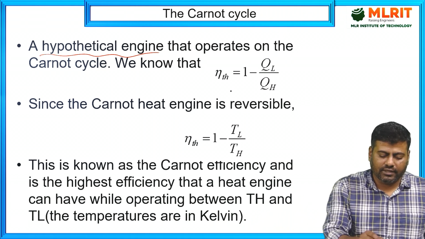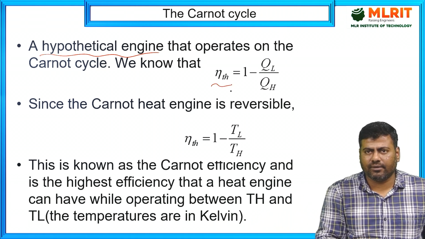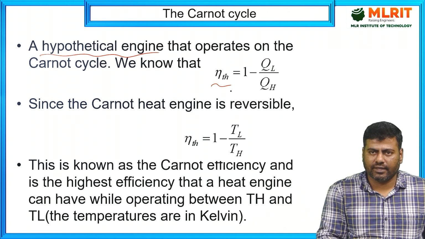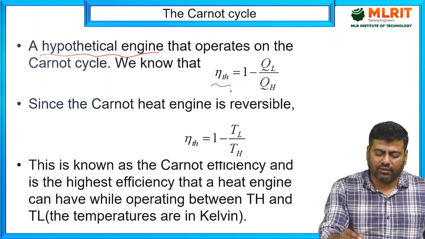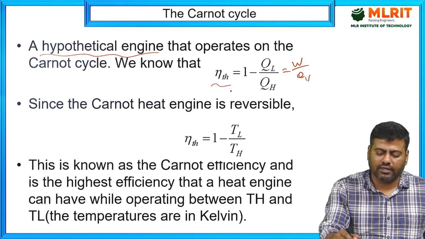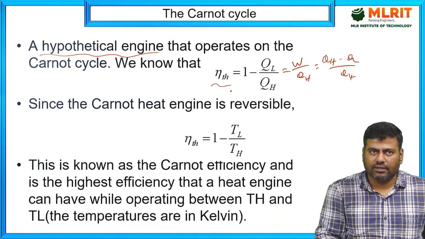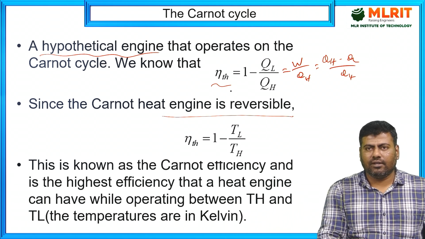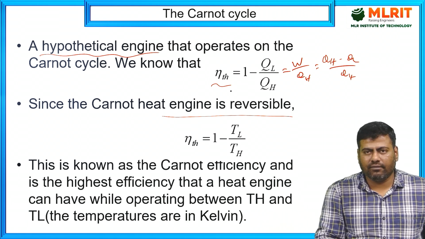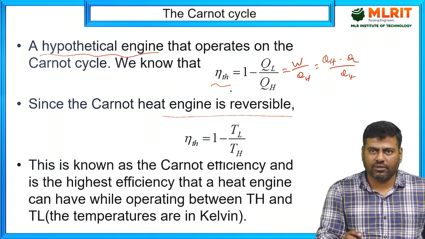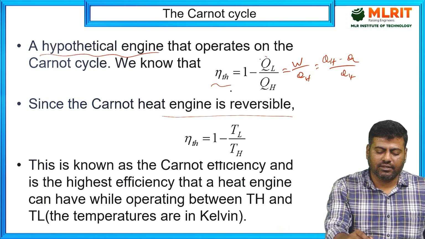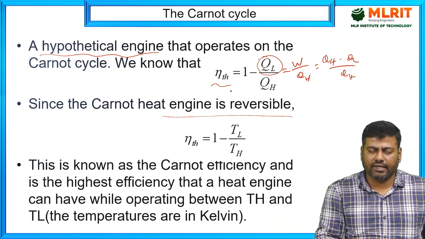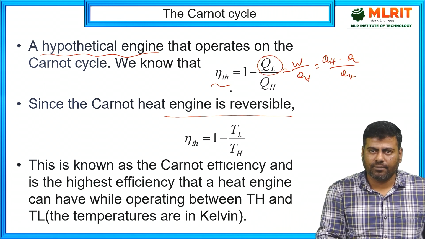We know generally that the thermal efficiency of a heat engine, whatever it may be, is W by QH. What is W? QH minus QL, so it is QH minus QL by QH, which is 1 minus QL by QH, right? Since the Carnot engine is reversible, we can apply the absolute Kelvin principle here. The heat transfer is directly proportional to the temperature.